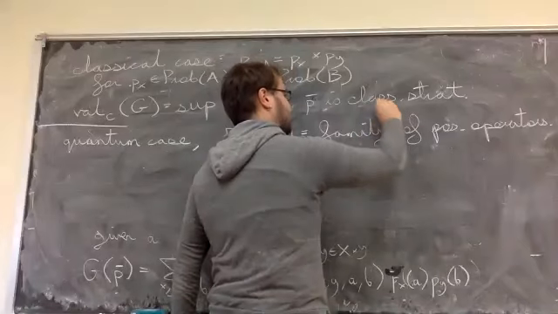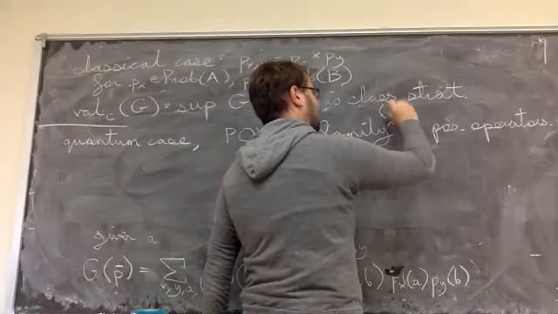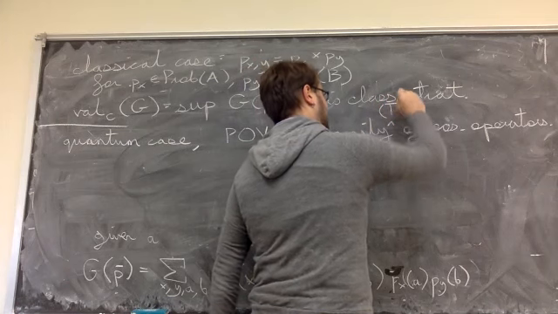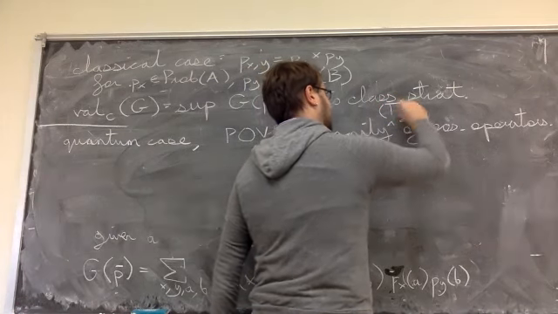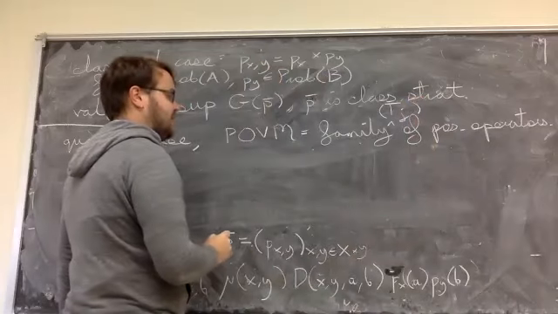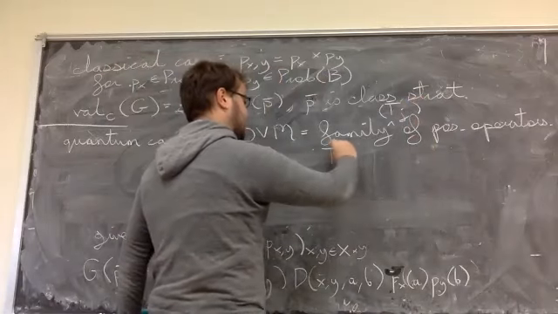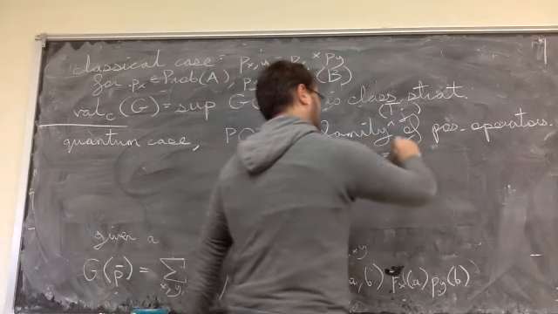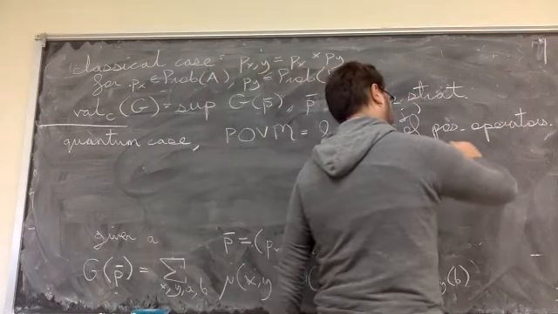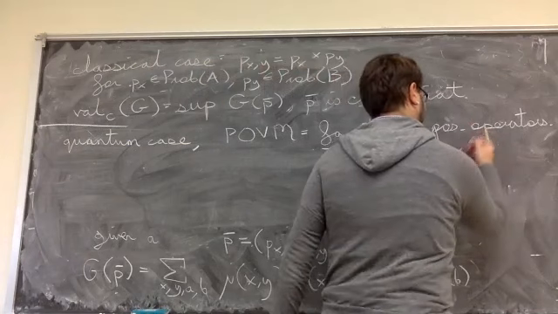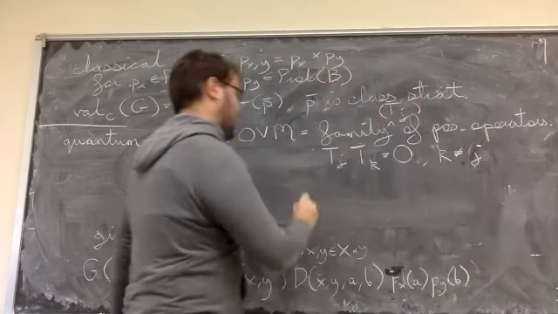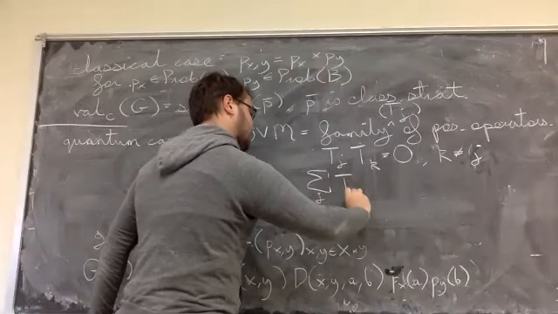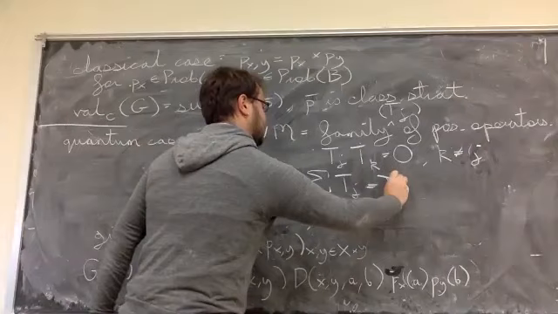Let's say this family is T_j. So this is a family of positive operators such that T_j T_k is 0 when k is different from j, and the sum of these things is the identity operator.